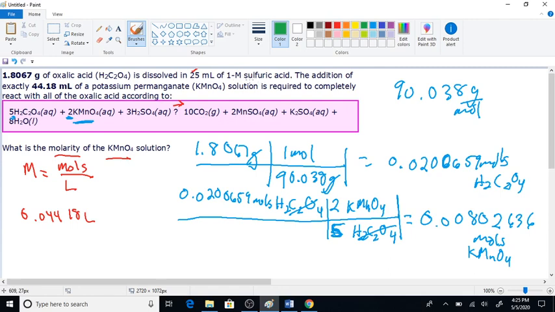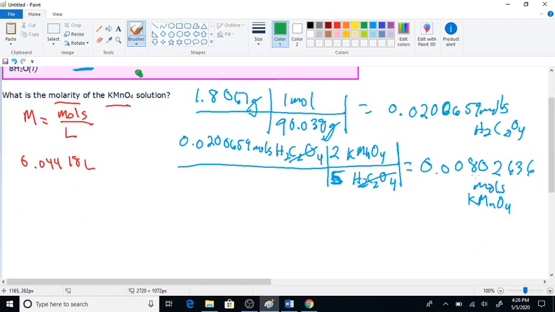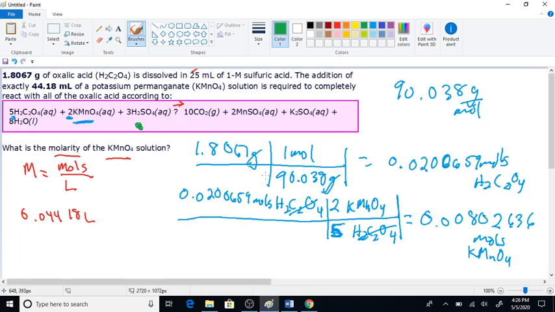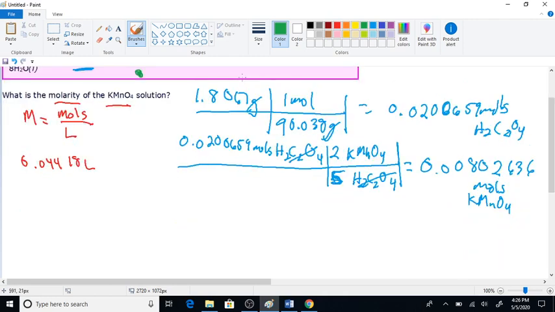But you can always check to see if this is the limiting reactant by checking the sulfuric acid. So there's the sulfuric acid. If you wanted to check that, we can. This is probably going to be our moles, which would go in here, and you divide it by this and you get your molarity. But we better make sure it's the limiting reactant. So we have that many milliliters of 1 molarity acid.